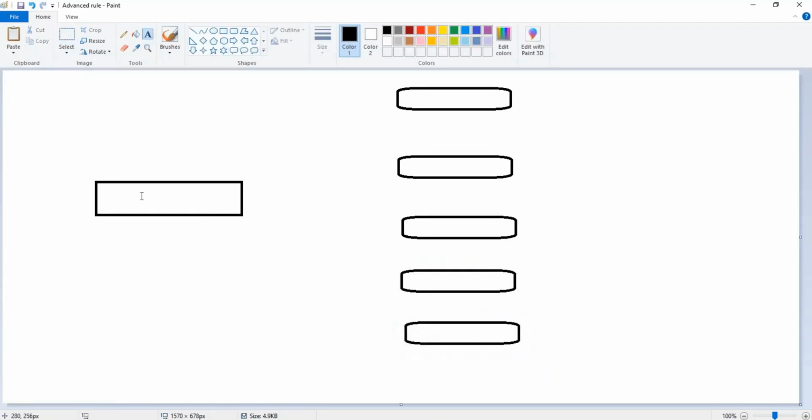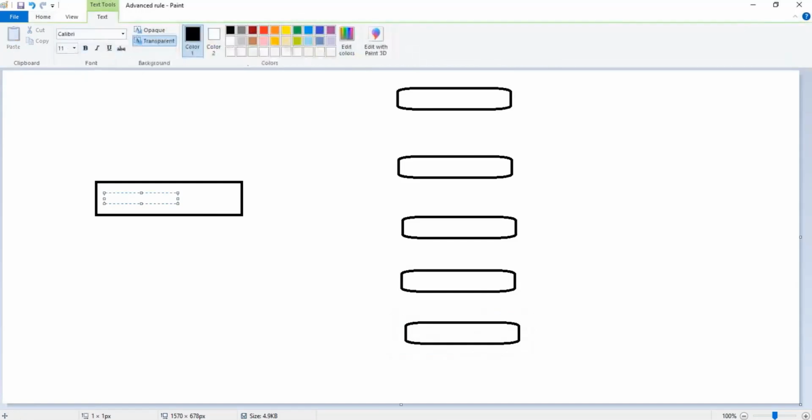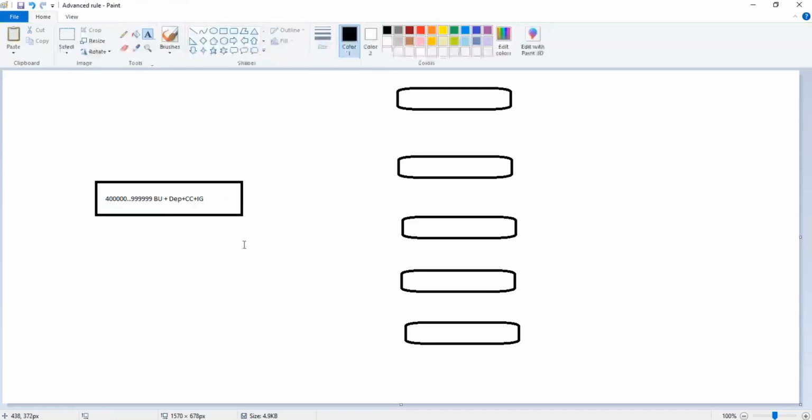For this account structure, it is 40000 to 9999, business unit plus department plus cost center plus item group. It is fine. I'm creating one account structure.